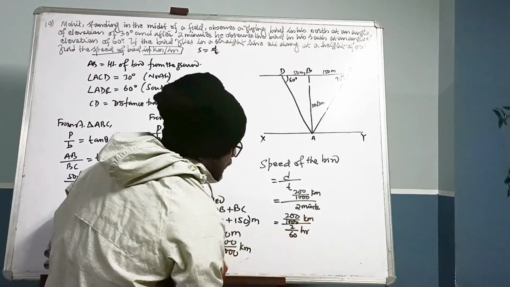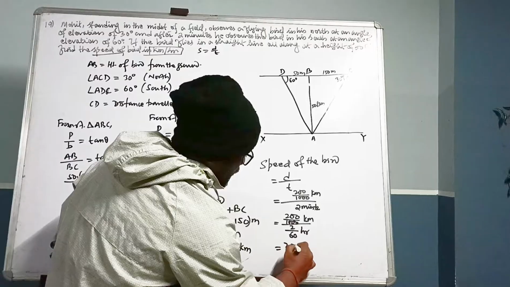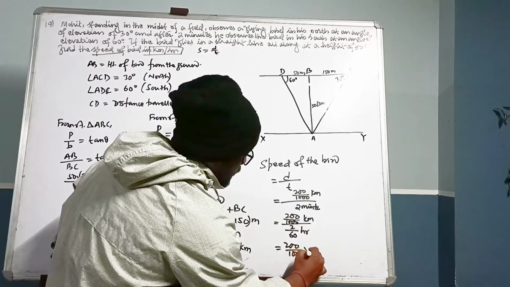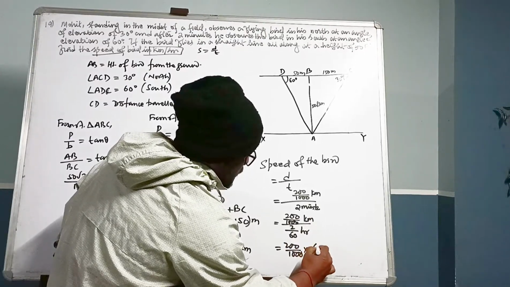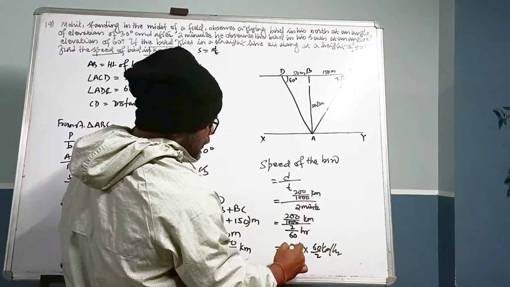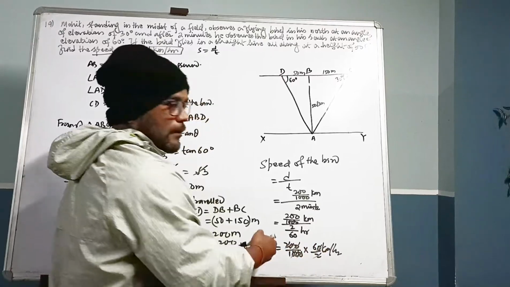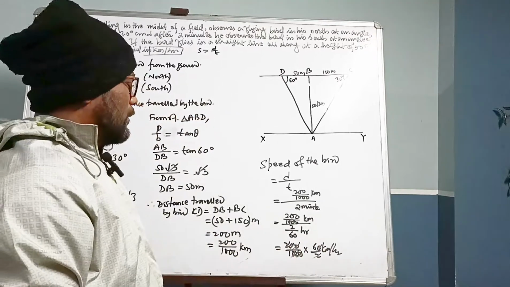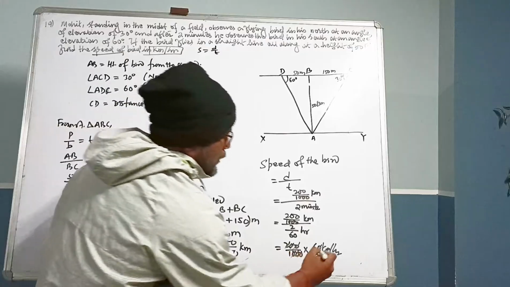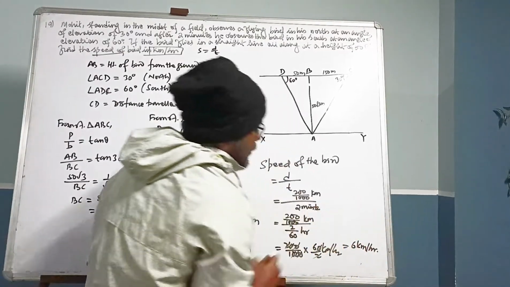So now just cancel it. So 200 divided by 1000 into 60 upon 2, which becomes kilometer per hour. Okay, so boys and girls, dear students, it is very clear. So we got the answer as 6 kilometer per hour.